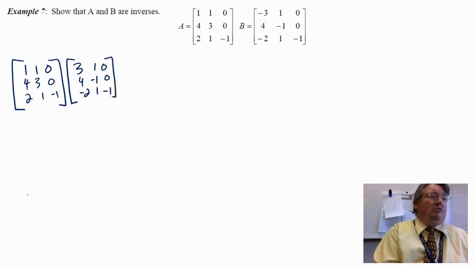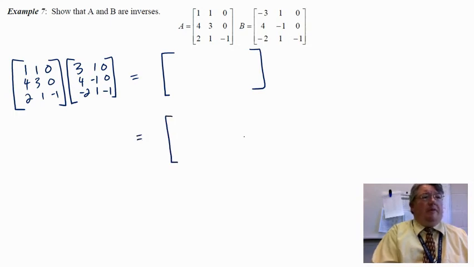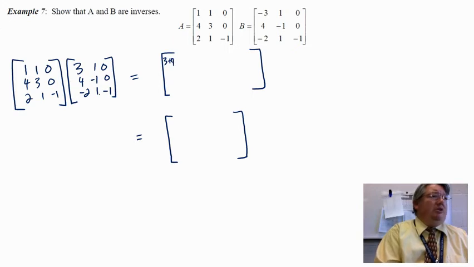So remember, I have to multiply a row times a column. So that's going to give me, and I'm going to put two forms here so I can pick this apart. Okay. So I go 1 times 3. That's 3. 1 times 4. That's 4. 0 times negative 2.